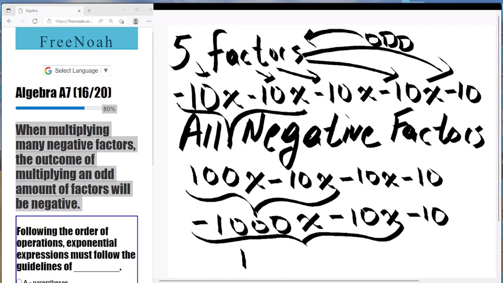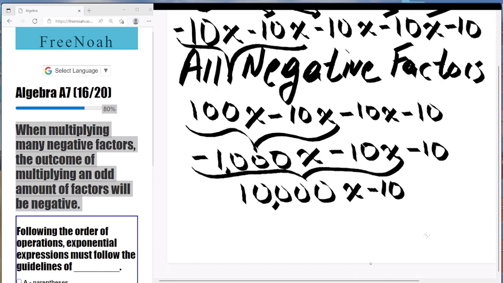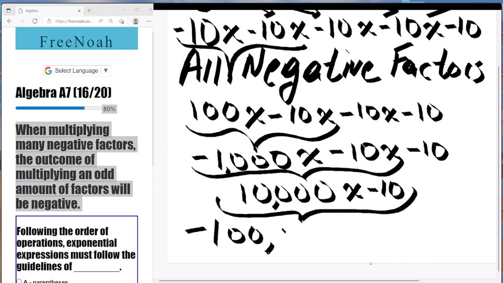Alright, next regrouping. Negative 1000 times negative 10. Well, that's going to give us a positive 10,000. Okay, and then we're going to bring down the last remaining negative 10 to multiply by. And this last regrouping is going to give us 10,000 times negative 10 equals negative 100,000.